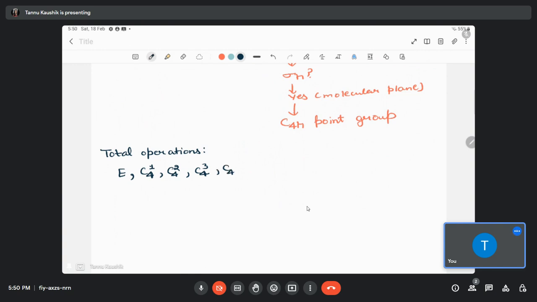C4^4 is identity operator, and C4^2 is equivalent to C2 axis of rotation. Then we have sigma h, horizontal plane. And then we have S4^1, S4^2, S4^3. S4^4 is again identity operator, and this S4^2 is equivalent to S2, which is equivalent to inversion.